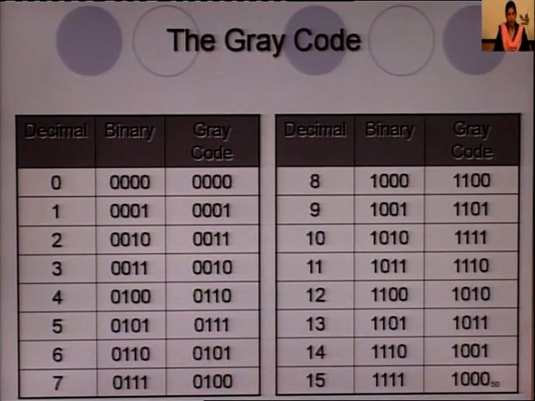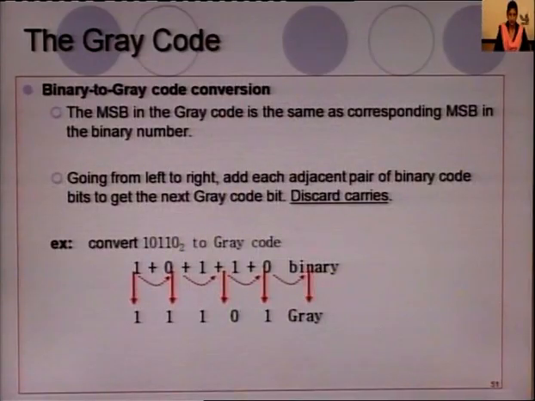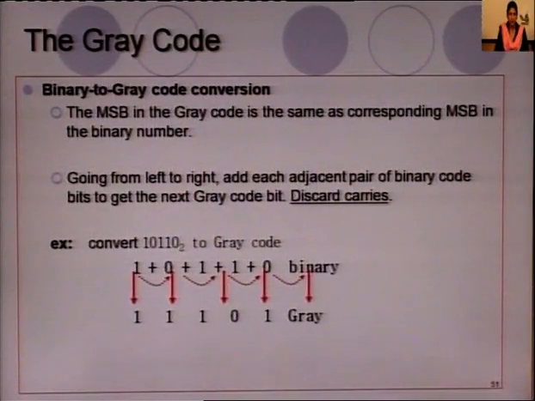Now we will study how to convert from binary code to Gray code, and how from Gray to binary. First, binary to Gray code conversion. The technique is: the most significant bit in the Gray code is the same as the corresponding most significant bit in the binary number. Going from left to right, add each adjacent pair of the binary code bits to get the next Gray code bit, and then discard carries.